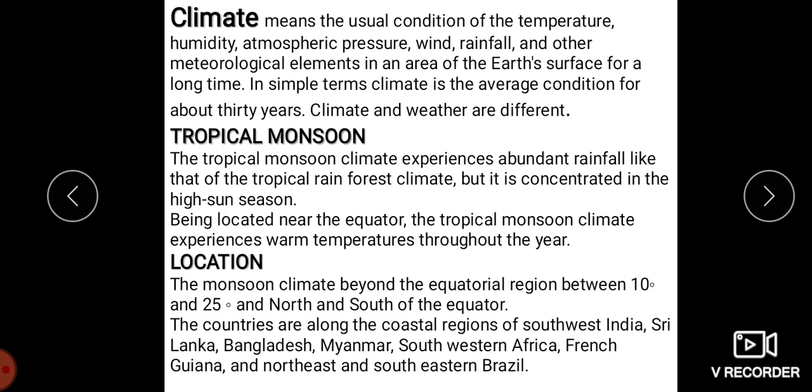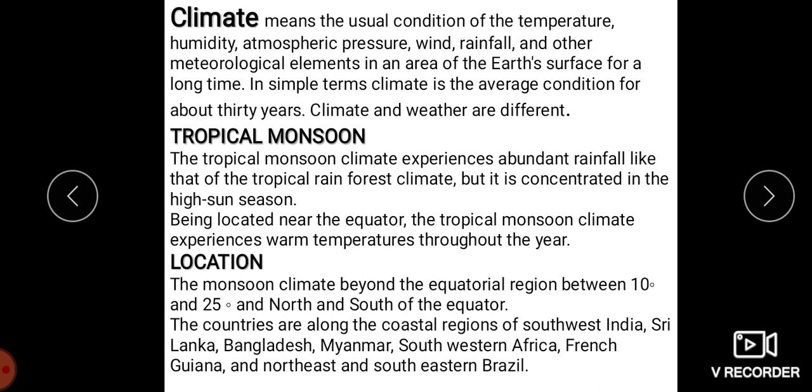The classical period is 30 years as defined by the World Meteorological Organization. These quantities are often surface variables such as temperature, precipitation, and wind. Climate, in a wider sense, is the state, including a statistical description, of the climate system.